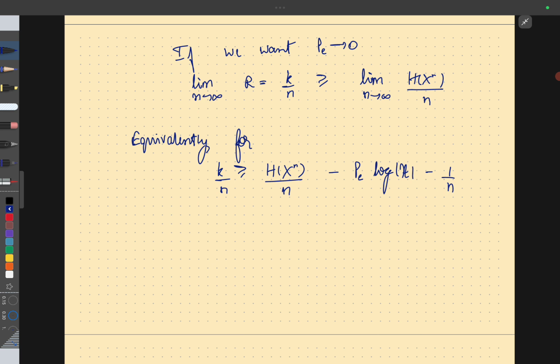So for any compressor, the rate of compression has to be greater than or equal to the entropy rate minus the probability of error term minus 1 by n. All right?